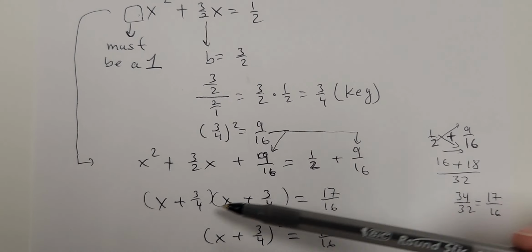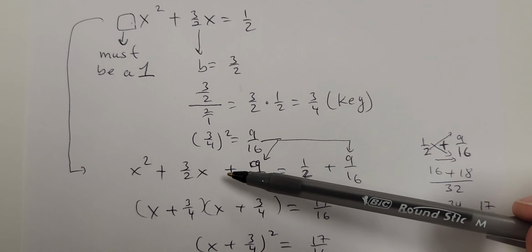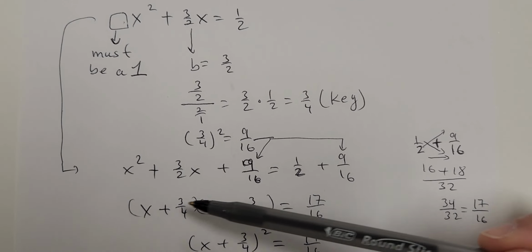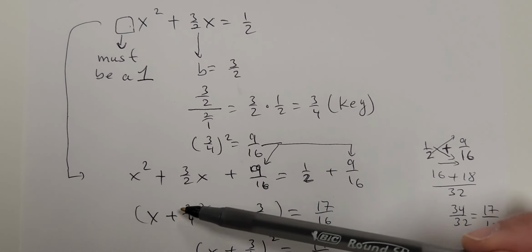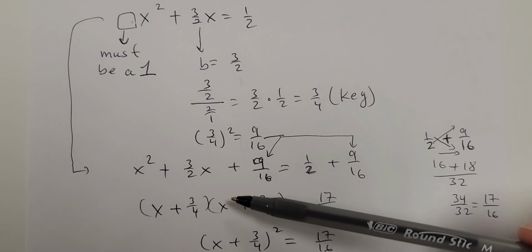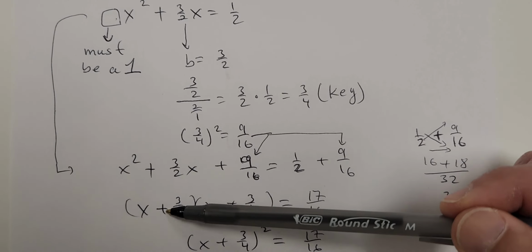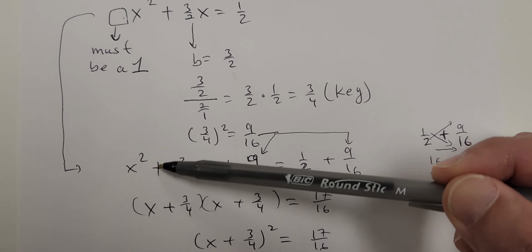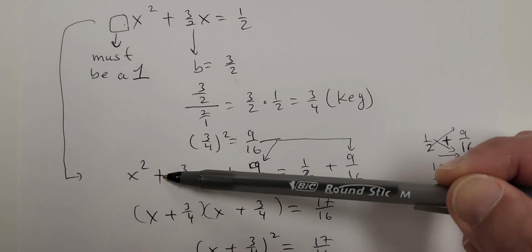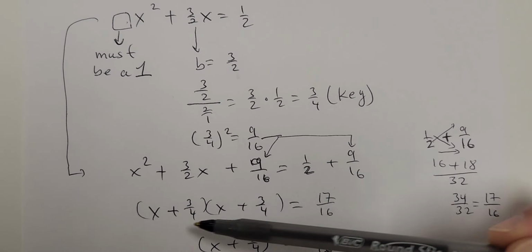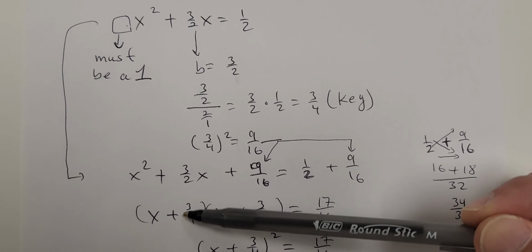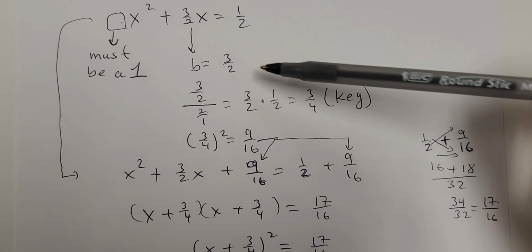This part right here is a perfect trinomial, so we just use 2 sets of parentheses. This is x squared, so put x here, put x here. This is a plus, so put plus, plus. If this was a negative, you would put negative, negative. In the empty space, this is where we put the key in.